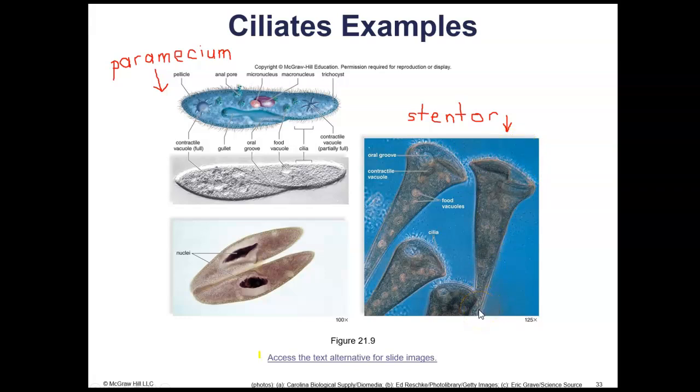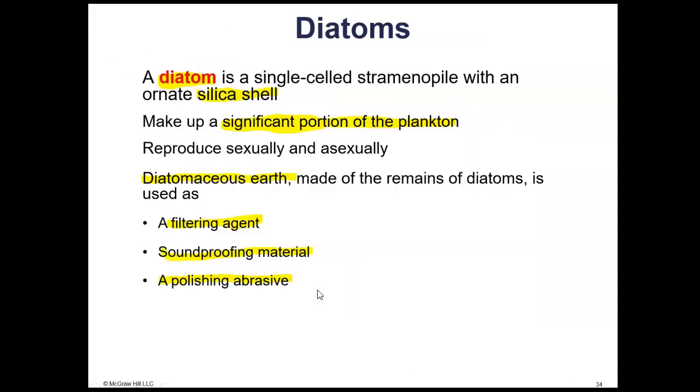It's attached to a substrate. And these are two paramecium that are exchanging DNA, exchanging nuclei. It's called conjugation. It's a form of sexual reproduction, and so they can get genetic variety.